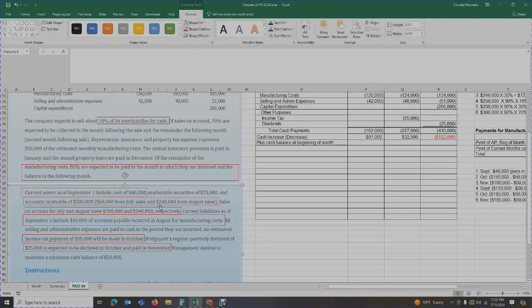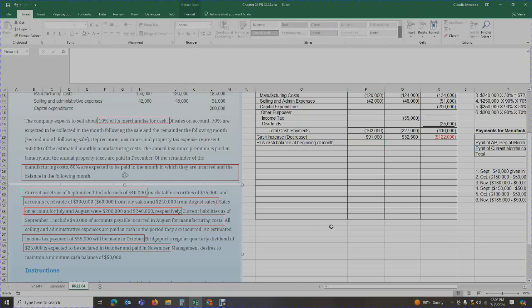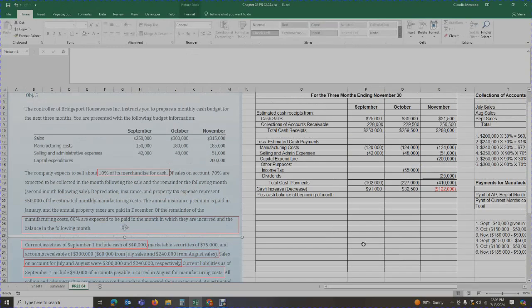And we're only interested in cash because we are doing the cash budget. So my beginning balance is $40,000. Okay, $40,000 was my beginning cash balance in the month of September. Okay, now I can calculate my cash balance at the end of the month.